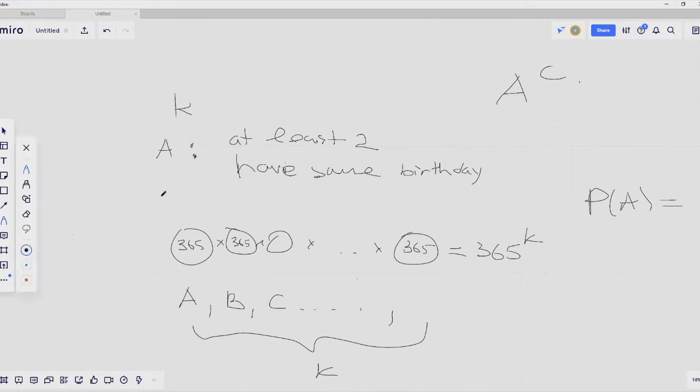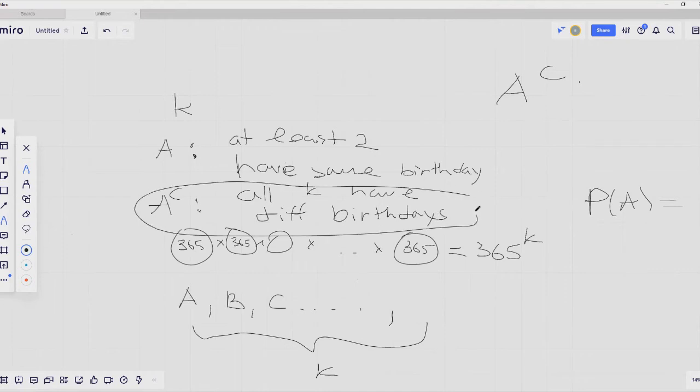The complement of this is going to be all k people having different birthdays. Those two events partition our sample space.